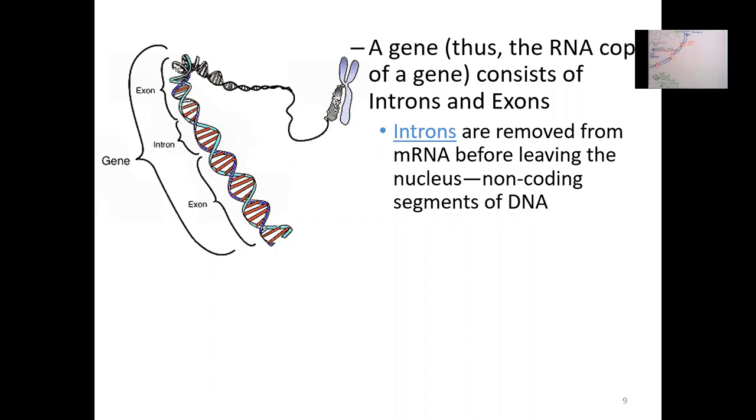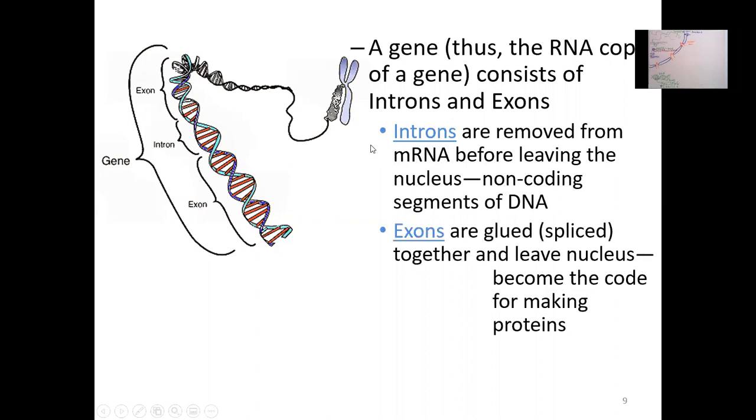So before the mRNA can leave the nucleus and go out into the cytoplasm, we need to remove what are called the introns, the non-coding regions. The rest of the gene, so here and here, for example, consists of exons, and these exons are the actual recipe components.